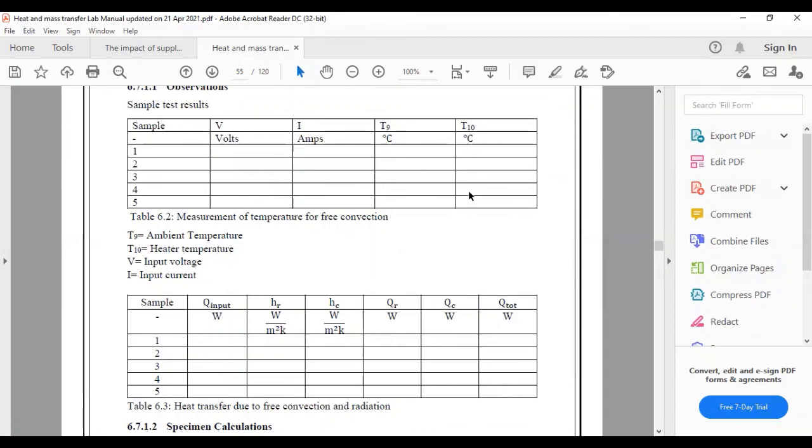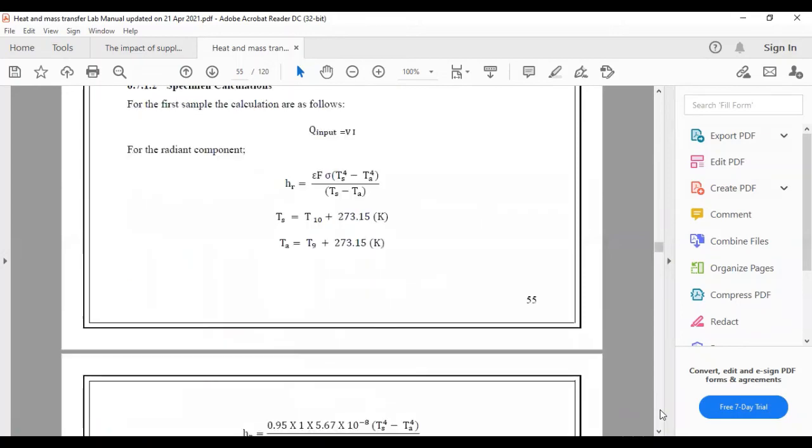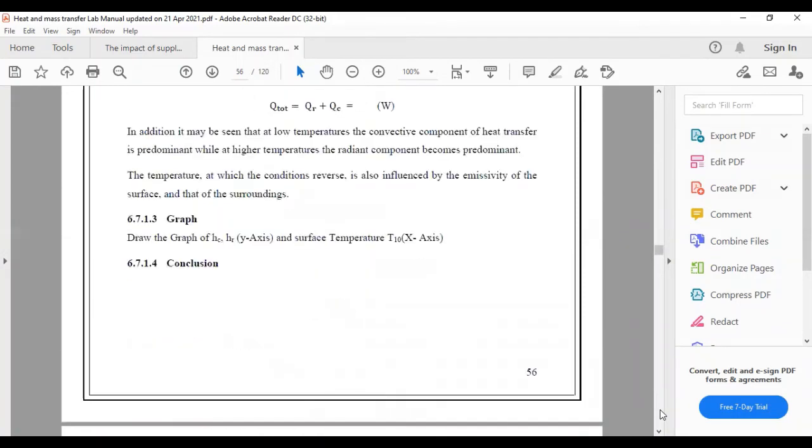So against these 5 different readings, we will plot a graph of HR, and then we will plot a second graph of HC with respect to T10. So we will draw 2 graphs, one for HR and second for HC against the different values of T10, and we will observe their trends.